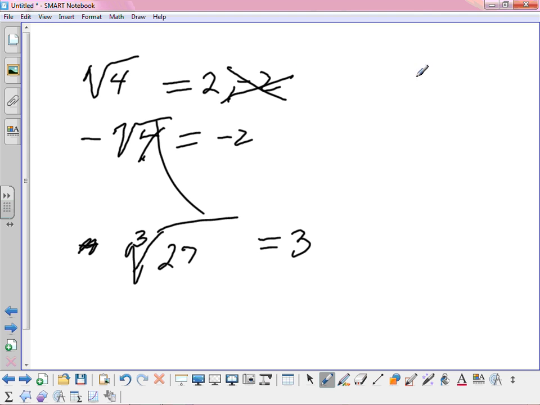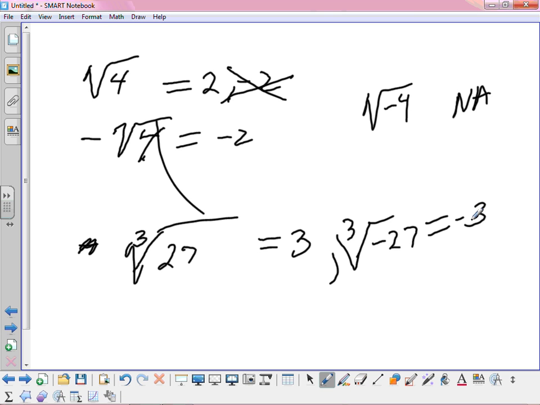And square root of minus 4, what's your answer? NA or something, right? At least a real number doesn't exist. So we're going to sort of avoid complex numbers. But cube root, there is an answer, right?